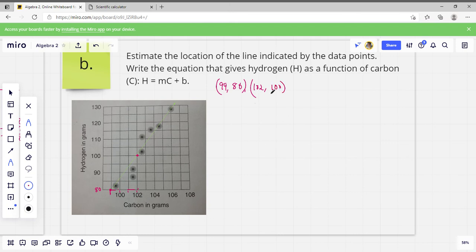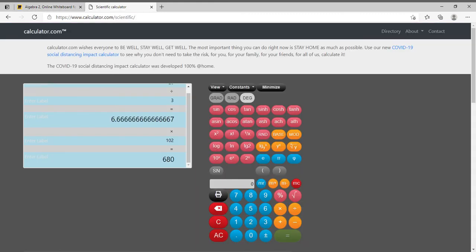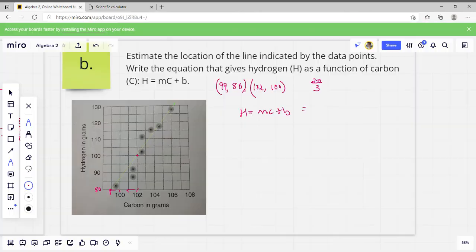Okay, so I went from 99 to 102. 1, 2, 3. And then I went up from 80 to 90 to 100. That'd be 20. Okay, so that's my M. And that was 6.6 or something like that. I'm going to round that to 7. And I'm going to say H equals 7C plus B.